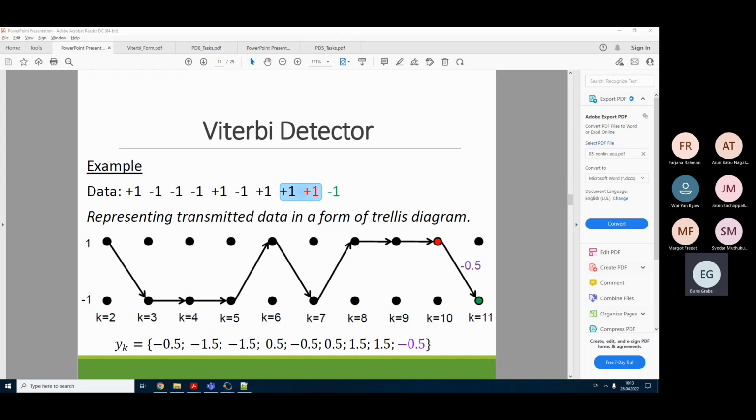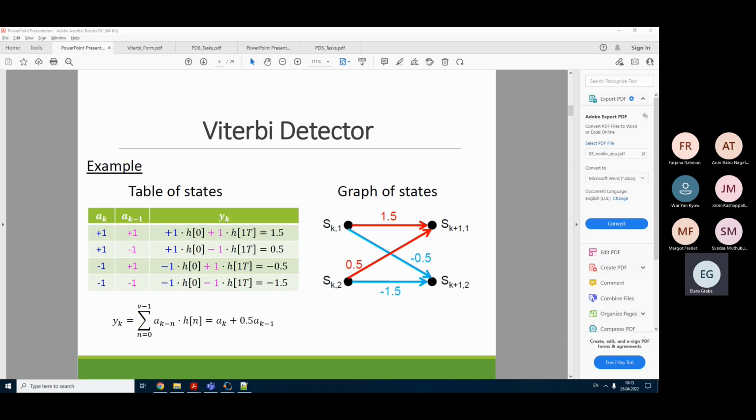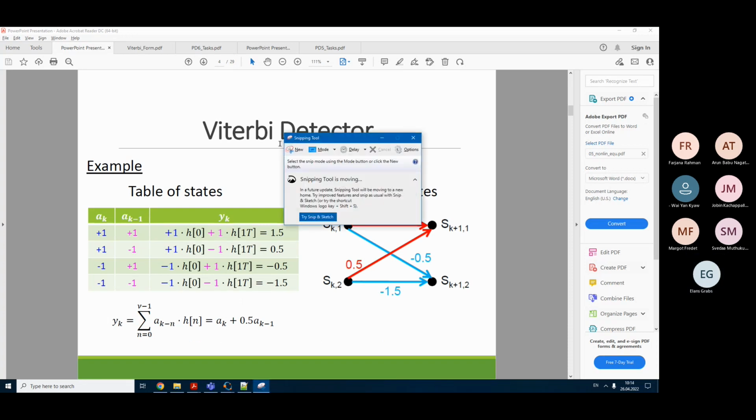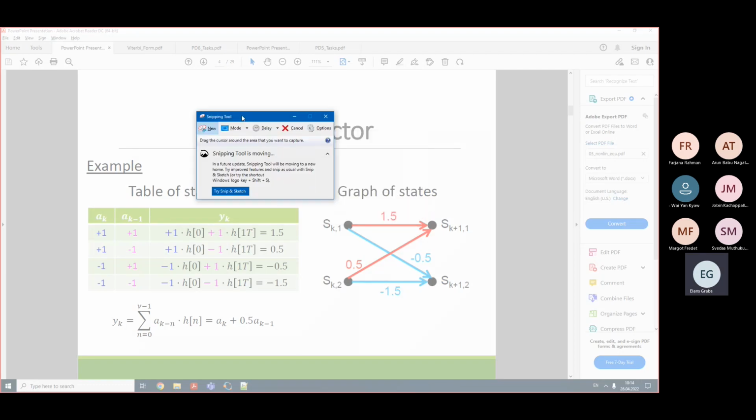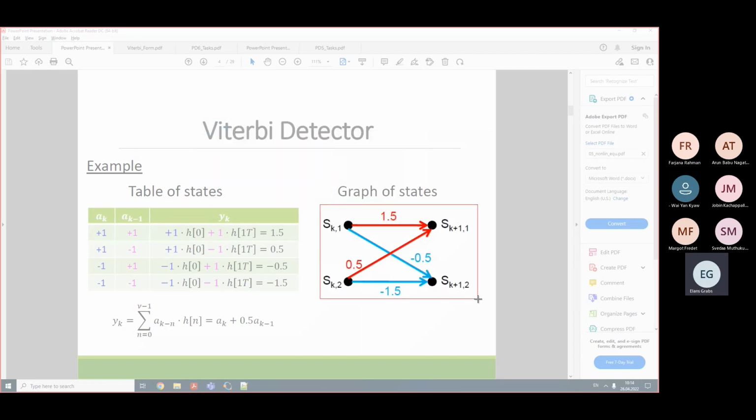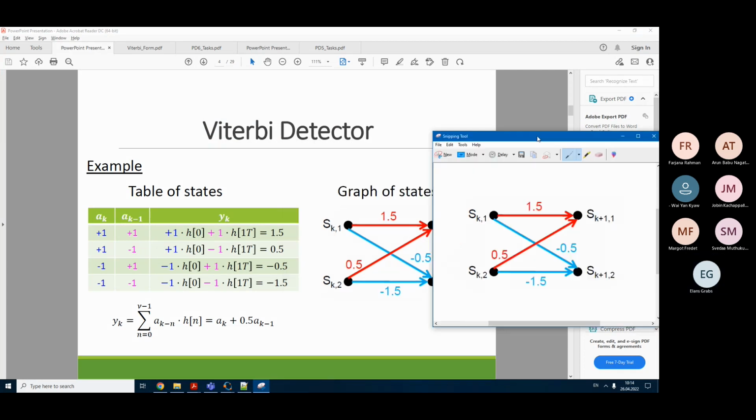However, in this particular case, we will not know for certain which is the correct direction. So we will have multiple possible directions and we will need to evaluate all of them. So we are back to this graph of states. By the way, I'm going to make this a small window for myself because we are going to need it now.